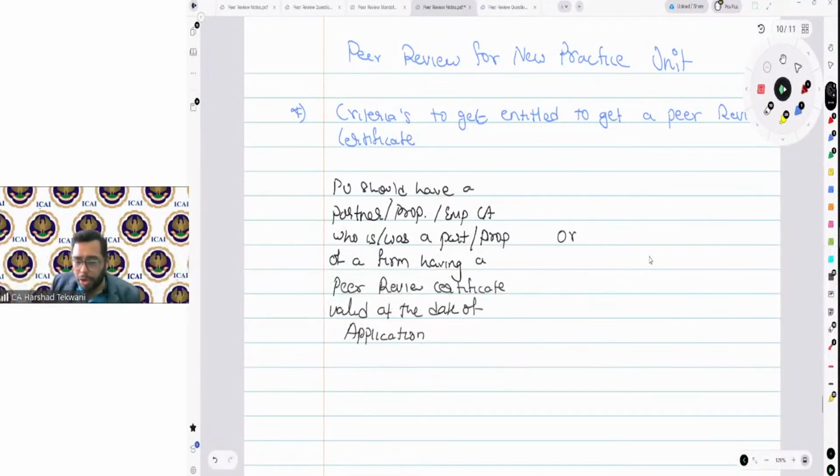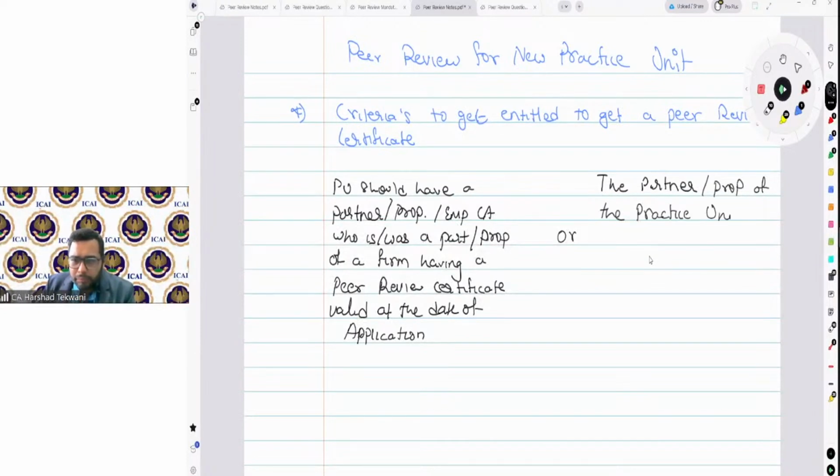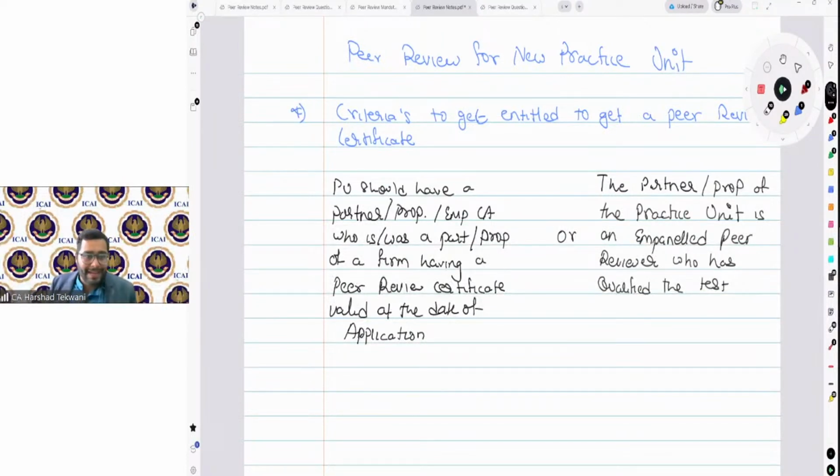I'll say or: the partner or proprietor of the practice unit, as the case may be, is an empaneled peer reviewer who has qualified the test. That is the condition number one.